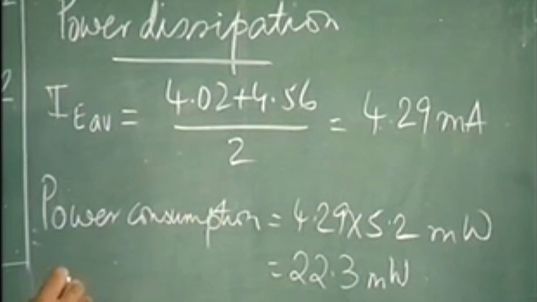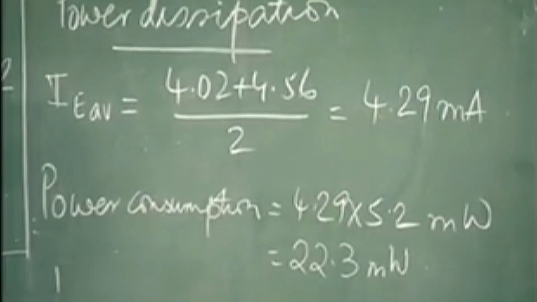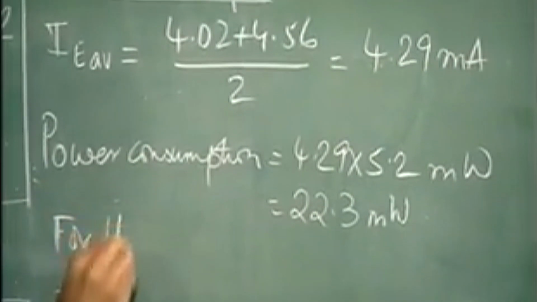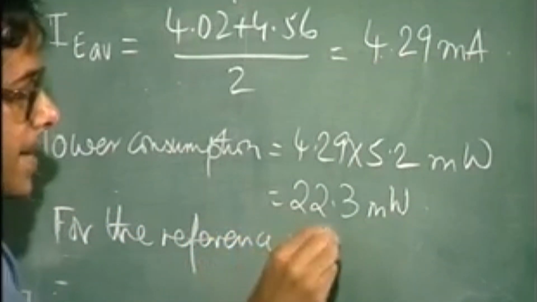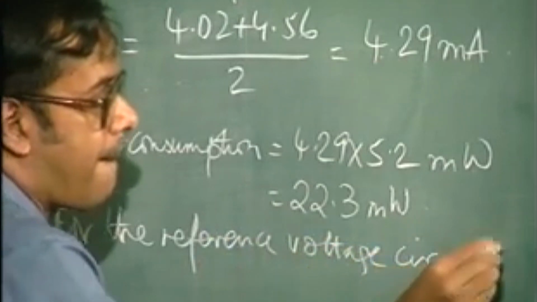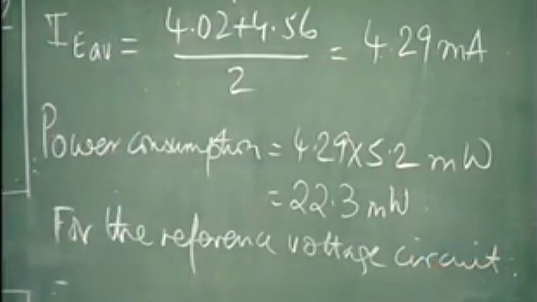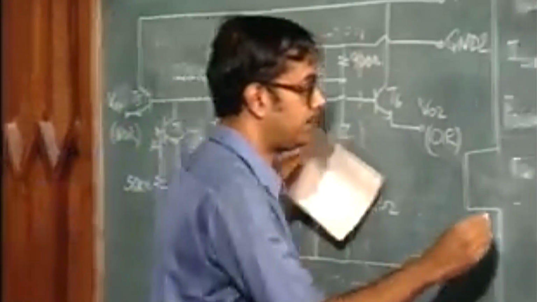Okay. For the reference power supply, the reference voltage generation circuit, what is the current through T4?